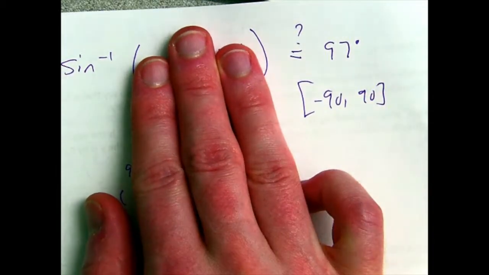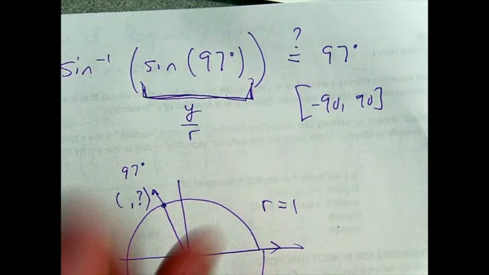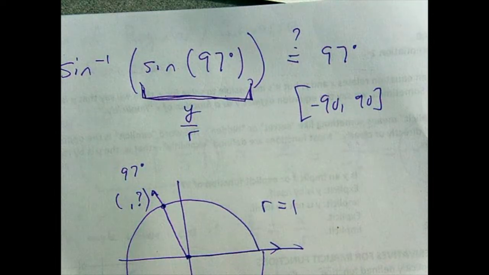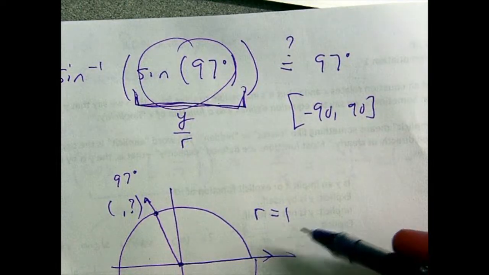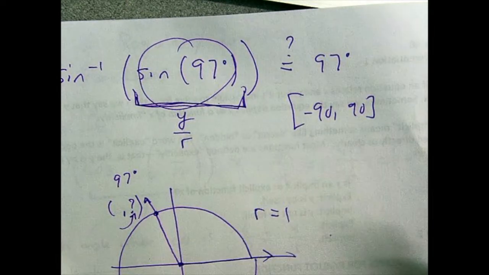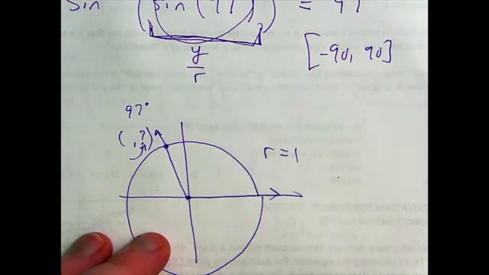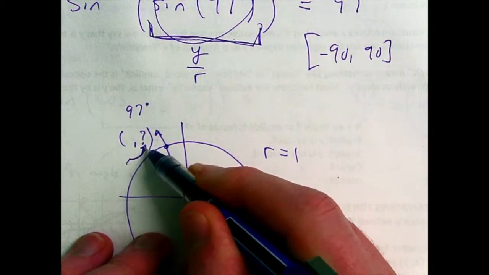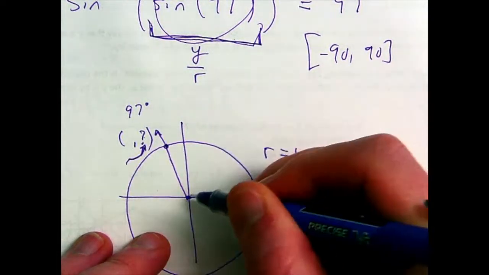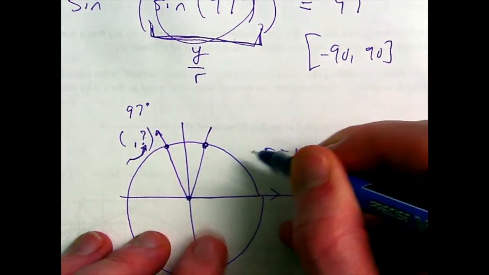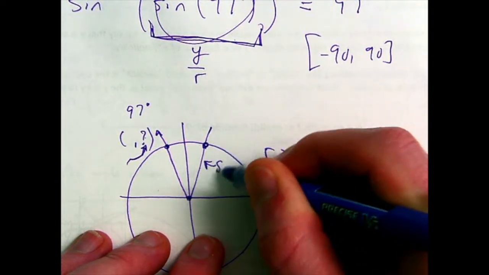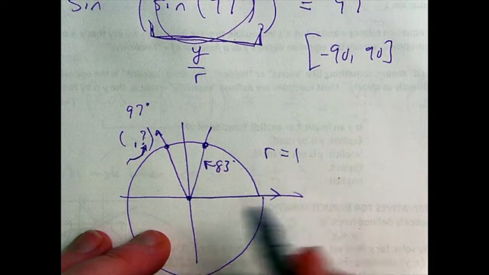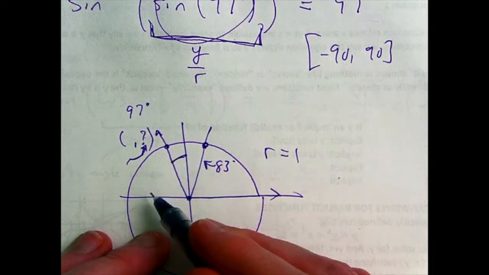Ultimately, the inverse sine of this object has to be an angle whose sine is this number, in other words, whose y-coordinate is this y-coordinate. However, it has to be within this interval. So what angle would have the same y-coordinate as this point, but be within this interval? The answer is 83 degrees, basically because 97 degrees is 7 degrees more than 90.